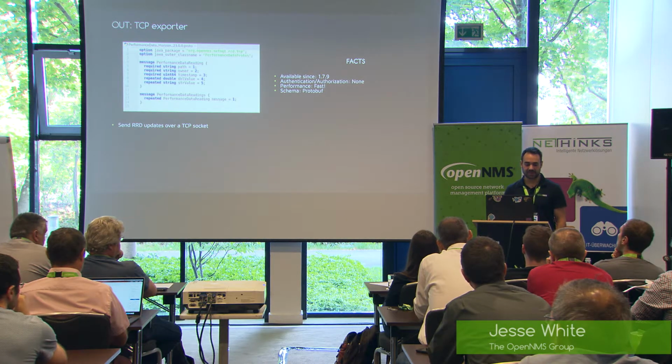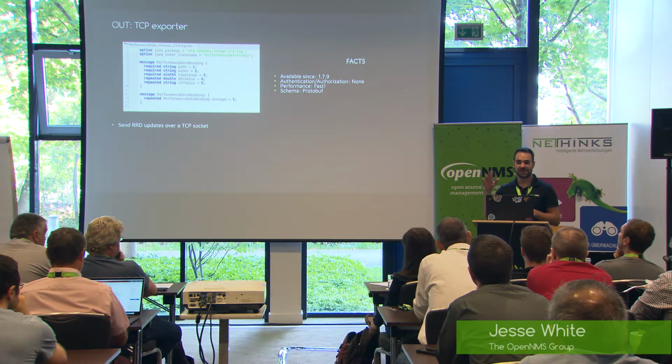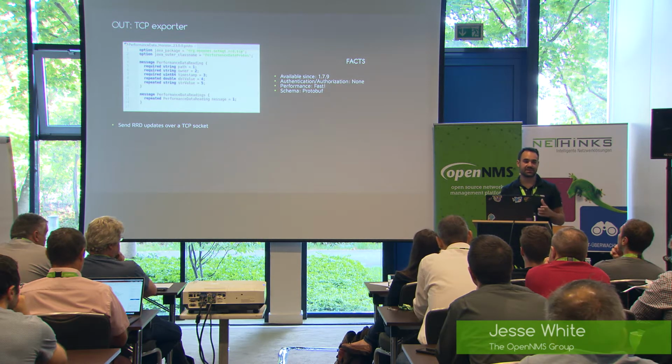So in the telemetryd configuration, there's actually a block there that lets you define the RRA definitions. So you can say, from these hosts I expect to receive these payloads every minute, so you can adjust your RRAs accordingly.